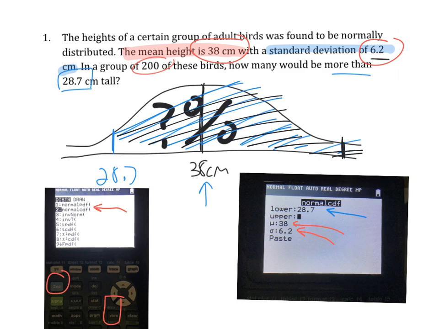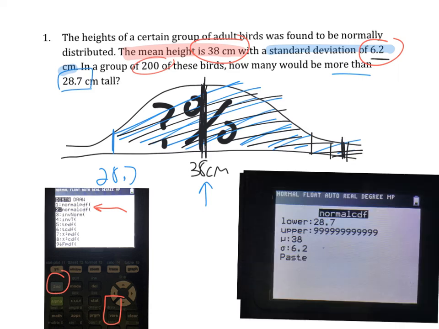Now maybe if the average bird is 38 centimeters, there's going to be a bird that's 50, 60, 70 centimeters tall. I have no idea how big the tallest bird is, but what you can do is this.